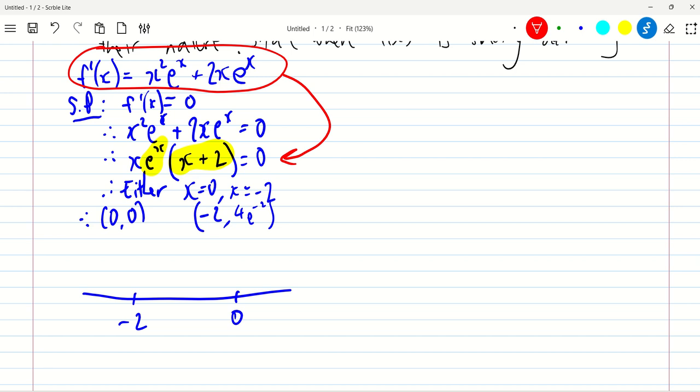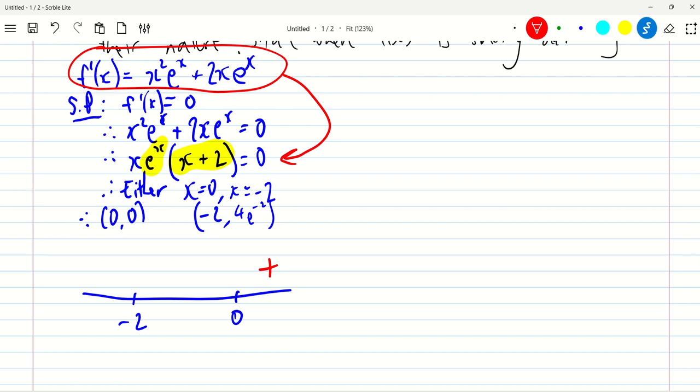So if we've got positive 10, then x is positive. E to the power 10 is positive. And 10 plus 2, that's also positive. So it's positive times a positive times a positive. So that means the gradient out there is going to be positive.